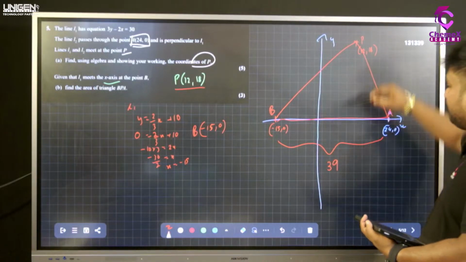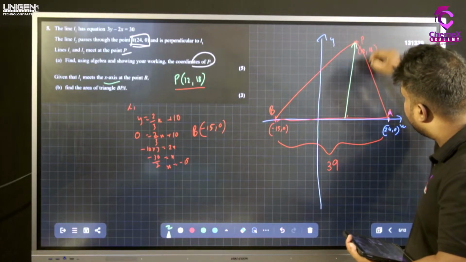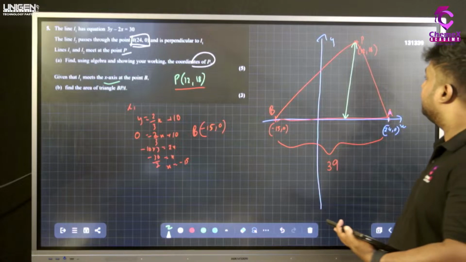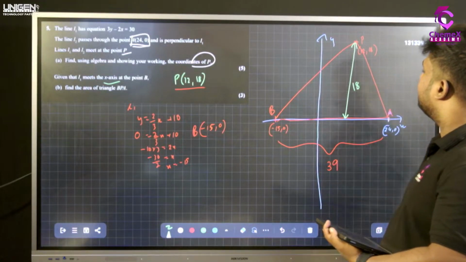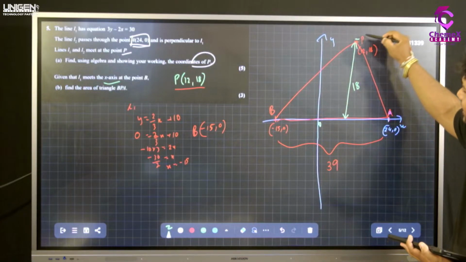What's the height? The area is half into base into height. What is the height? Perpendicular height. 18. Why do I take 18? Because from here to the highest point is 18.